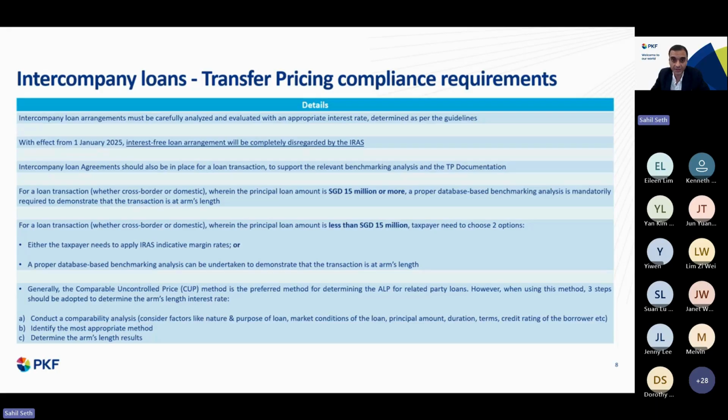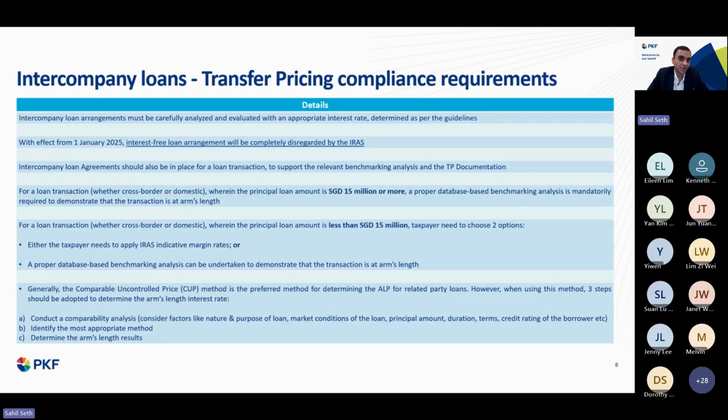We have to see the credit rating of the borrower entity, the nature of the loan, the tenor, the transaction details, etc. So that's why, comparing it with just third party market rates published in any magazine or any other situation will not be the correct way. The correct way will be to do a proper benchmarking, right?